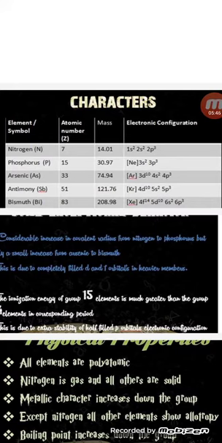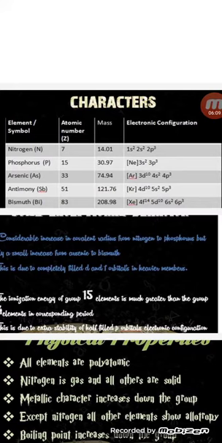This is because when the electrons are entering into the 4d and 4f orbitals, the screening effect of the electrons filled in the f orbital is much lesser than the screening effect of the d orbital in the elements above it.